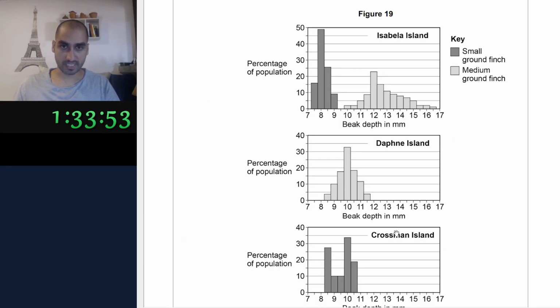So I would say they're competing with the small ground finches, and that's why on Isabella they've evolved to have a larger beak. That way they're not in competition with the small ground finch.